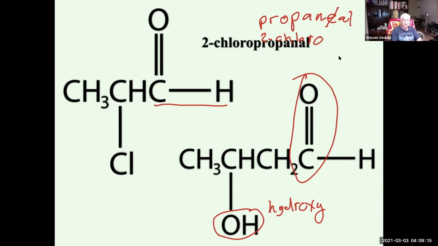Phenyl is your substituent or attachment. So when OH is an attachment, it's called hydroxy. Okay. So this is 1, 2, 3, 4 carbons. So it's butane. And at number 3, there is a hydroxy group.